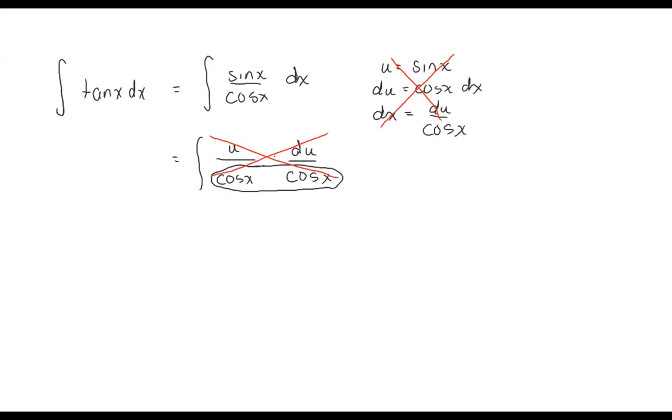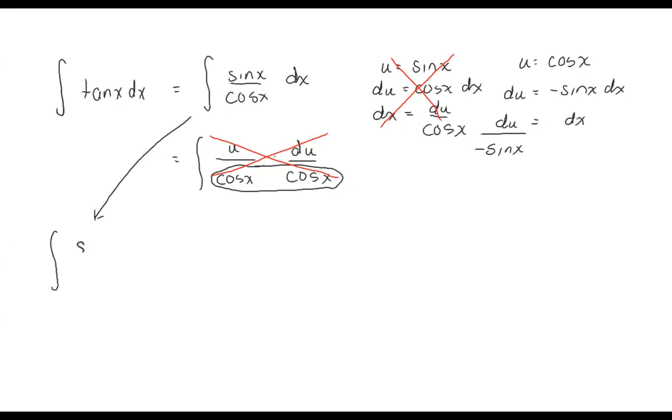Alternately, I could let u equal cosine x, my denominator, and du would be negative sine x dx. Now, the negative sign might seem a little bit more messy, but now my dx is du over negative sine x. And when I plug that in, integral sine x over u du over negative sine x.